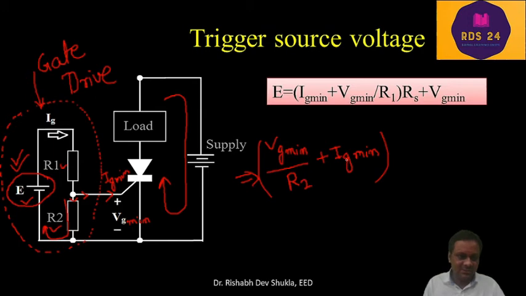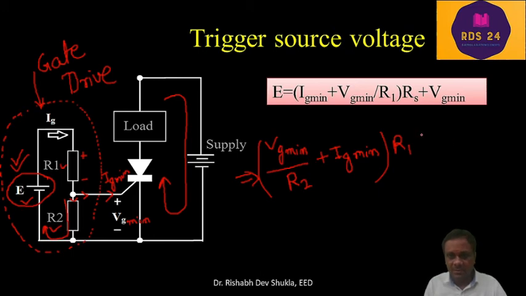and we are considering the source resistance or series resistance as R2 multiplied with this series resistance R2. So this is a voltage drop here, created in this R2, and we have already considered the voltage between the gate to cathode junction at the present moment is Vg minimum.